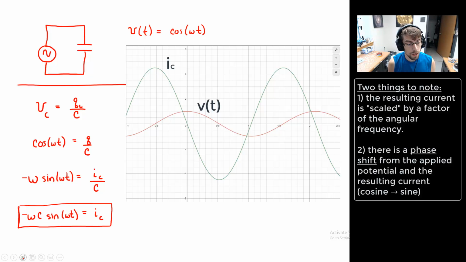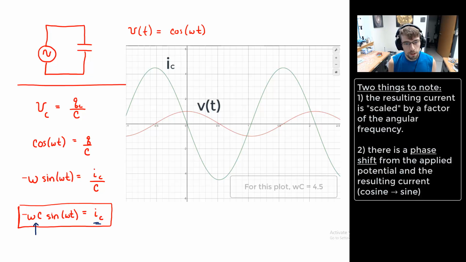And then I'll go ahead and do my current. Notice it's scaled, right? So rather than being at a height of, say, 1, I guess I left this as 1, this will be at some different height, omega C. I'm going to plot these both on the same axes just so we can see the change.